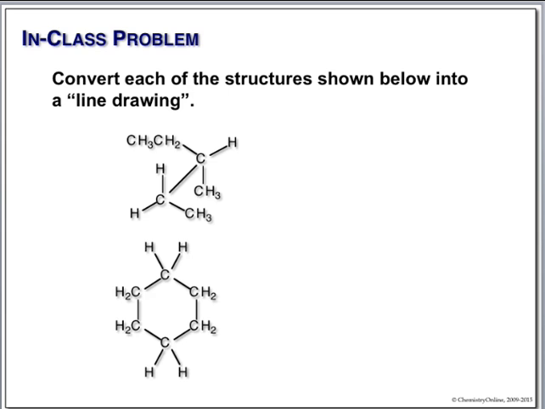We'll see that when we're dealing with these types of compounds, first thing you do is always look for the longest chain. So here we have 1, 2, 3, 4, 5, and we have a 1 carbon side chain on carbon 3.